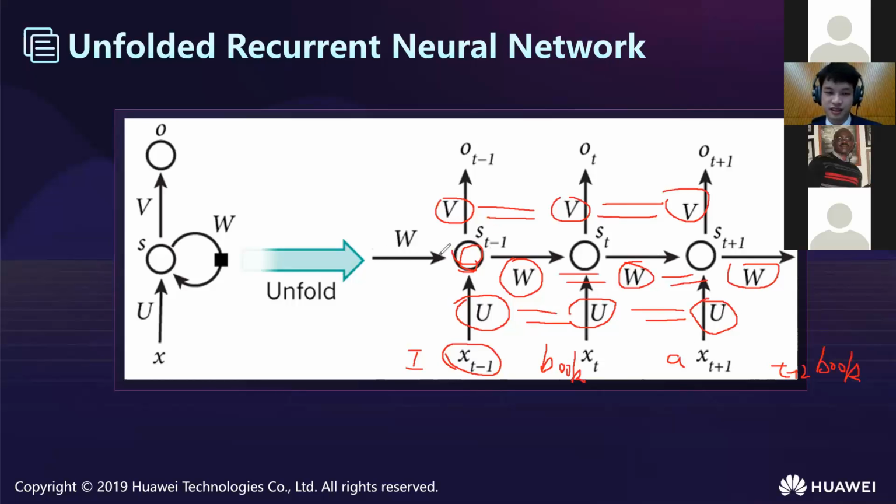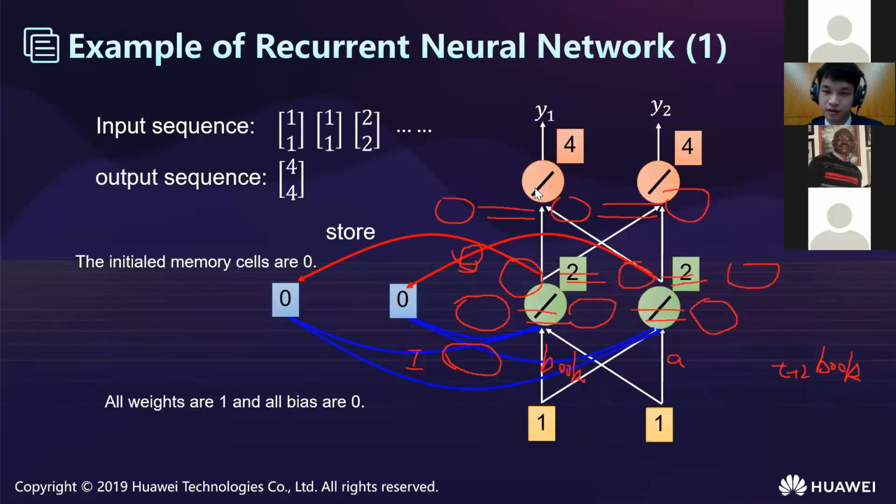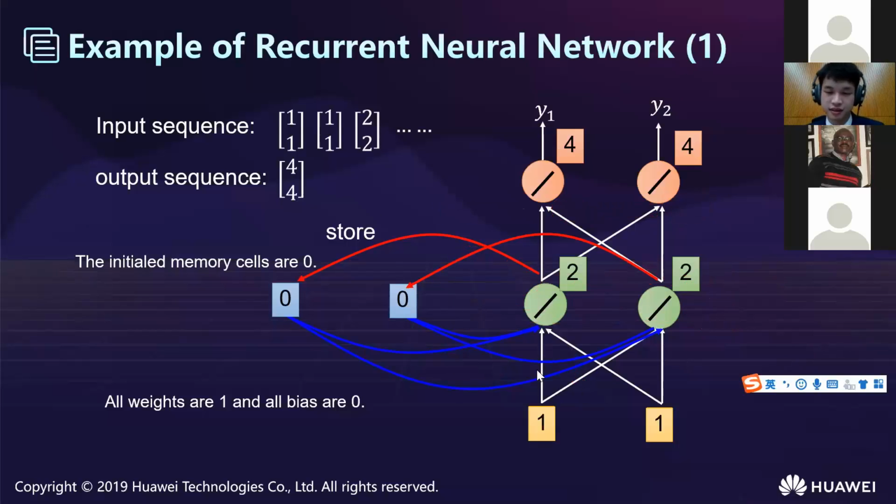So I will give you an example here of the recurrent neural network. Here each line means one weight, just like the fully connected layer, except the red line. The initialized memory cell is 0, 0 here.